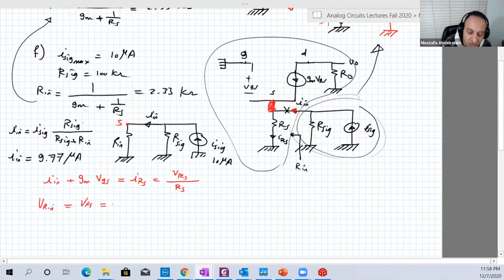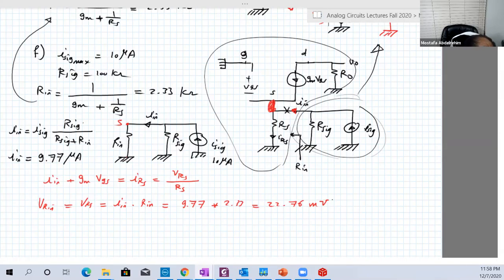But what is VR input? VR input is basically I input multiplied by R input. That's why it was really crucial to determine R input. It will make your life very easy. So 9.77 microamperes multiplied by 2.33 kilo ohms will give you 22.76 millivolt.